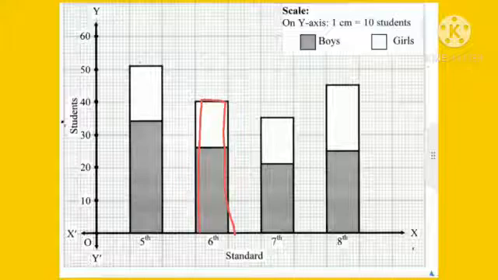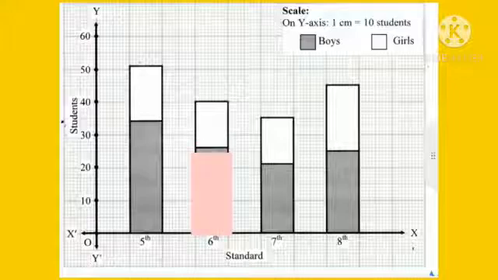So we will draw a bar up to the marking of 40, and then we will check the number of boys in standard 6th, which is 26. In the same bar, we will make the marking till 26, and we will shade that much part. That represents the number of boys, and the unshaded part of the bar is representing the number of girls.